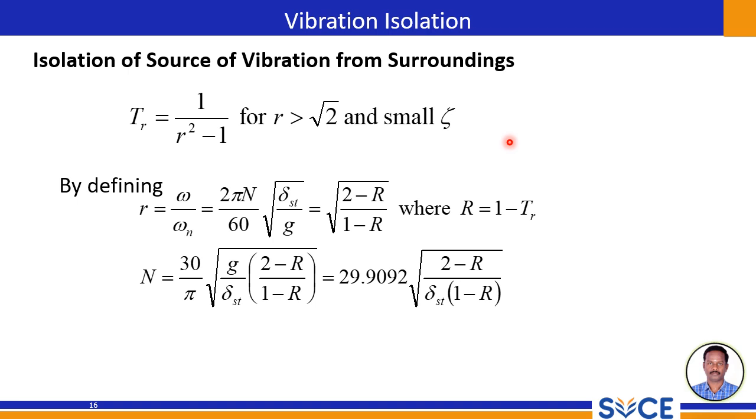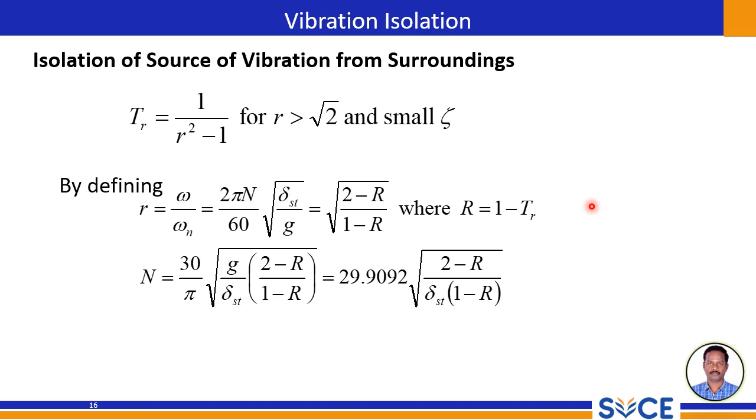The purpose of isolation is to isolate vibration from its surroundings. To determine these conditions, to minimize the transmission of vibrations from a source to its environment, we need important parameters like stiffness and damping.